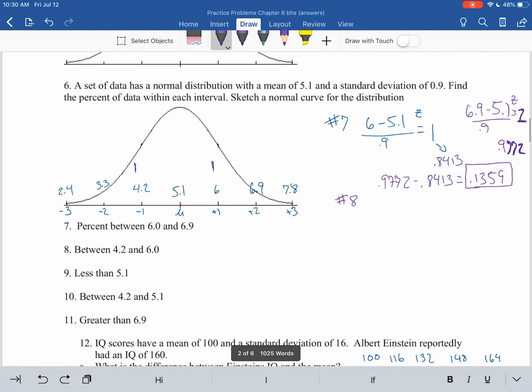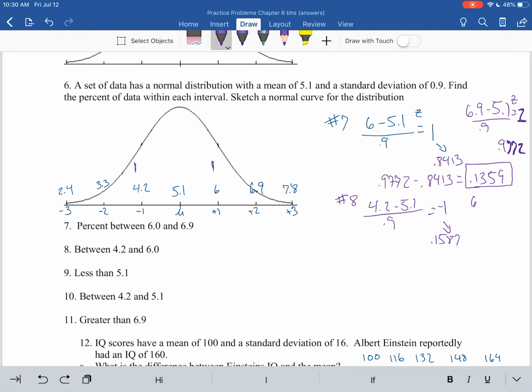If we do it the way we just did in number 7, you get 4.2 minus 5.1 divided by 0.9. You're going to get a value of -1, which makes sense because we're landing right on the -1. And then if we go to the table in the back, we're going to find that that has an area of 0.1587.